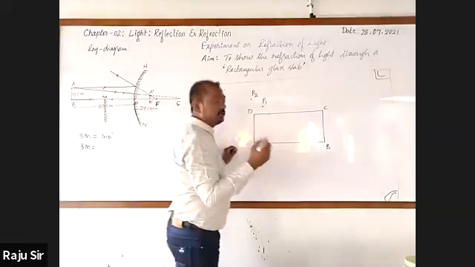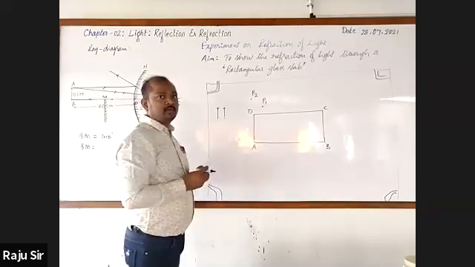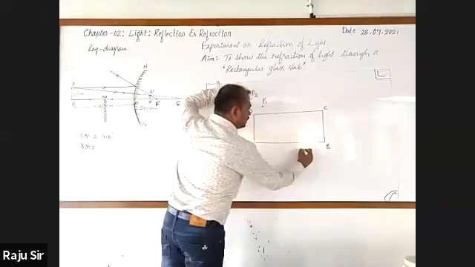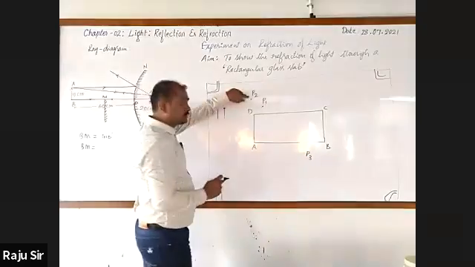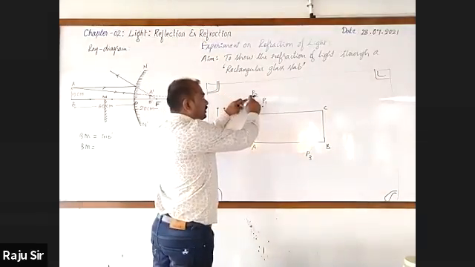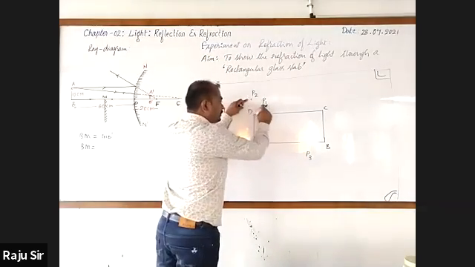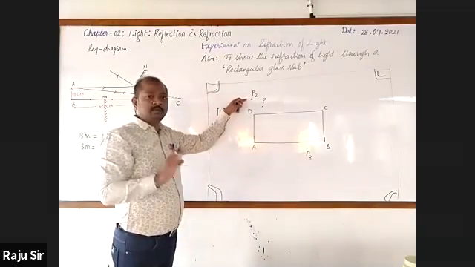Next, take two more pins and fix the third pin P3 against the face AB by observing P2, P1 and P3 through DC. Did you understand?